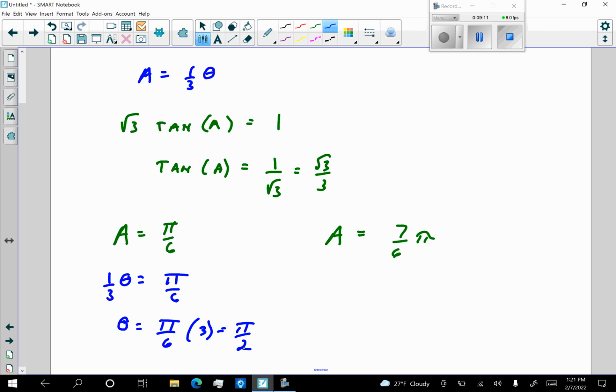In like manner, I'm going to put 1/3 theta in this rascal. I'm going to multiply both sides by 3. And here theta is going to equal, if I multiply both sides by 3, 7/2 pi.